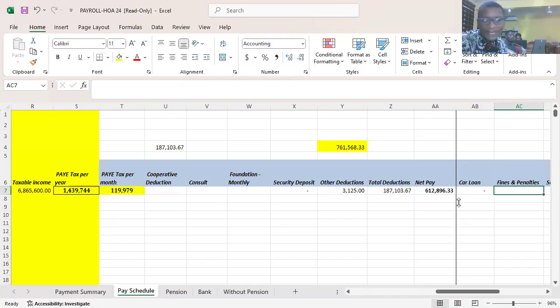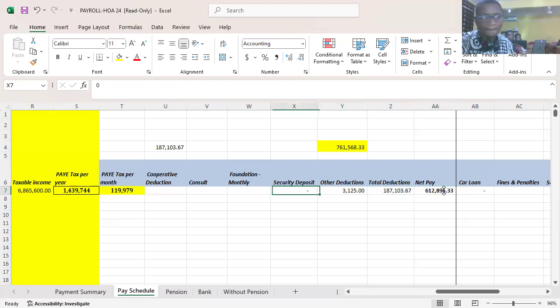If that be the case, I now want to walk back from net to gross. I want to assume that I don't know my gross, but I know my net. The rule number one, when you are walking back from net to gross, is that your net pay will be in formula.